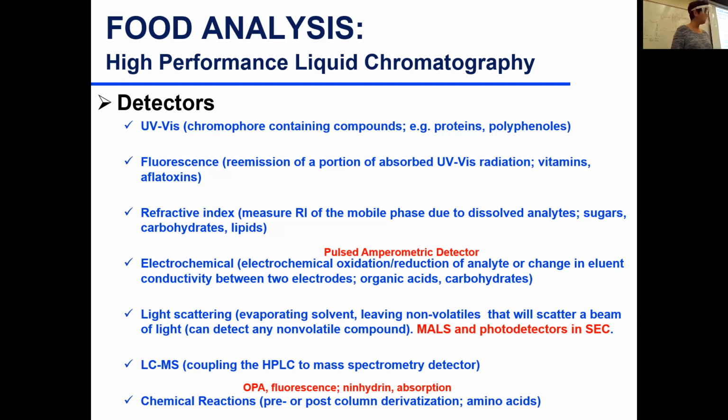So light scattering detector is basically what happens is when your compound reaches the detector after leaving the column, the solvent evaporates, and then the non-volatiles stay and scatter light. So it's based on the scattering of the light. And the higher concentration, the more light is scattered. And that's how they link scattered light to concentration.